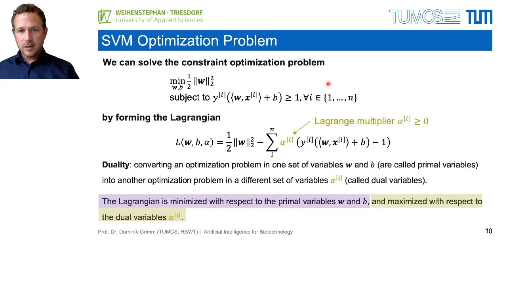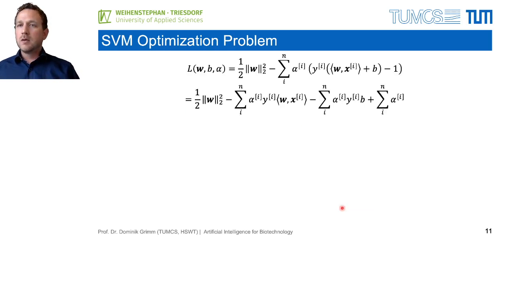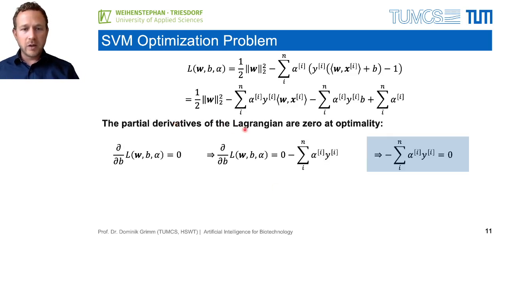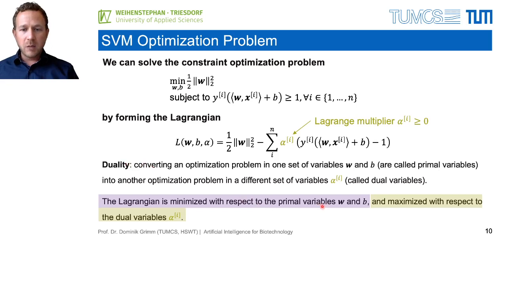Then we said that the Lagrangian is minimized with respect to the primal variables w and b. From the lectures before we know that finding the minimum of a function means taking the derivative and setting it to 0. So the partial derivatives of the Lagrangian are 0 at optimality, which means we first take the partial derivative with respect to b, because, as I said before, we have to minimize with respect to w and b.